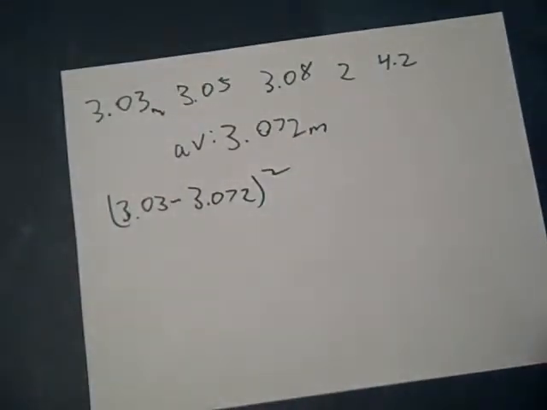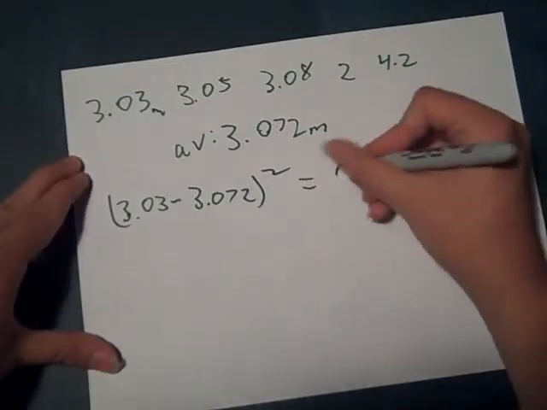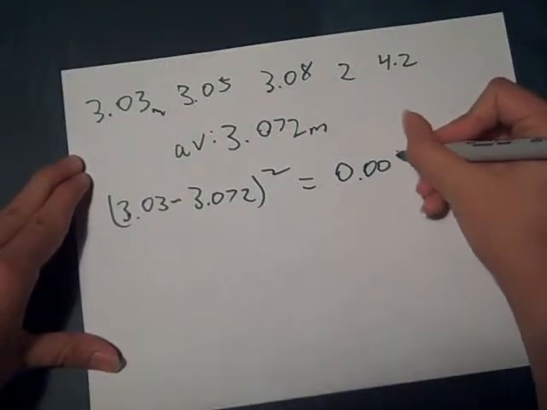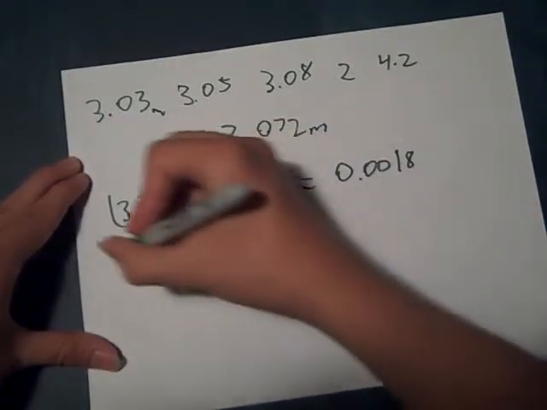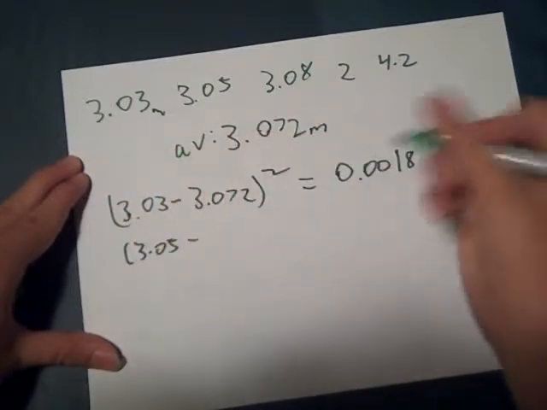And we'll do that for each of these. That should come out to 0.00, I'll round it to 18. Then, you just do the same thing for each of these.